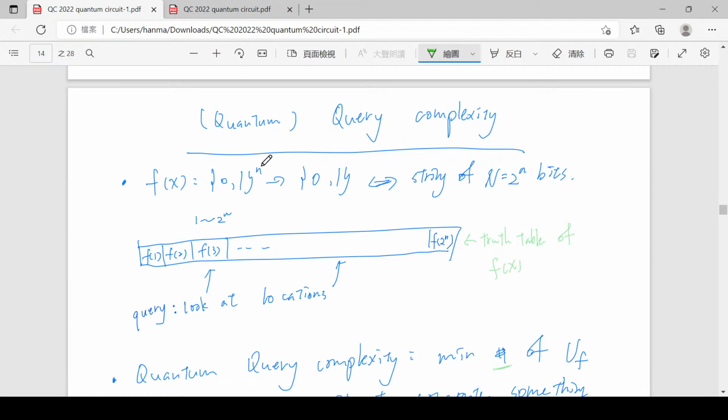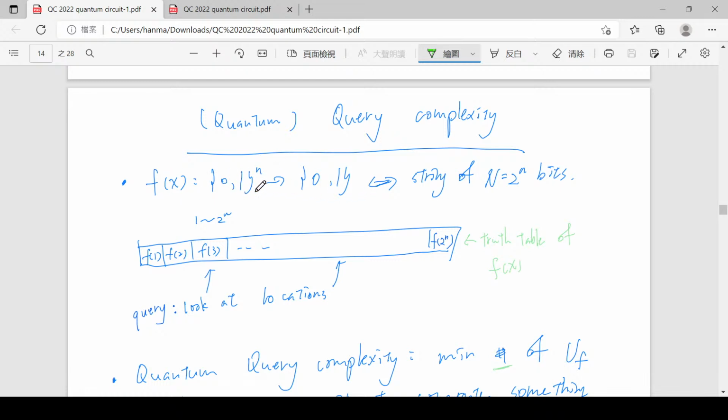Consider the truth table of this f of x. For this small n-bit function, we can have a one-to-one correspondence to a big N-bit string, where big N is 2 to the small n. The correspondence is pretty simple. You just write down the truth table of this f of x.